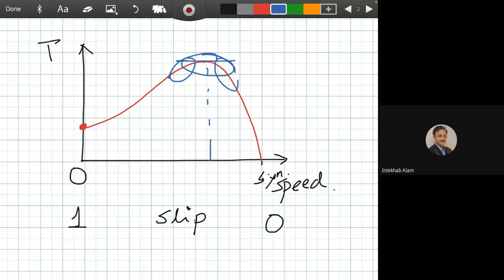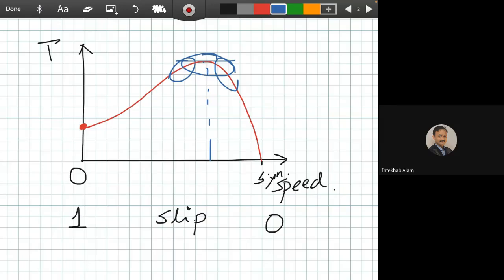But the merits of this motor are many. First of all, it is robust. There are no moving parts inside the motor, so there will be no wear and tear. We have only two bearings inside the motor.